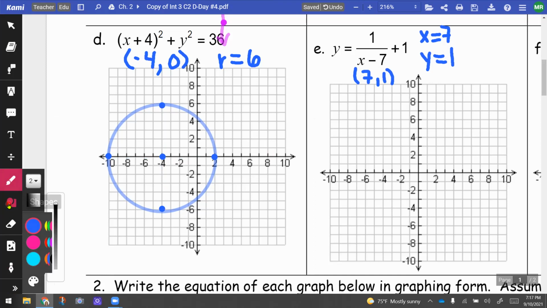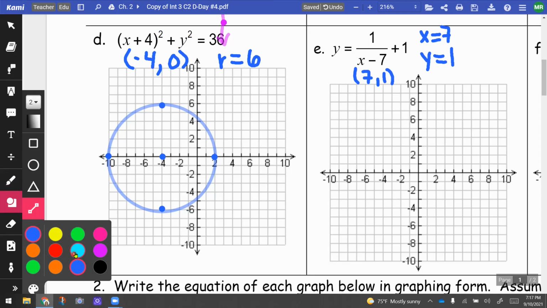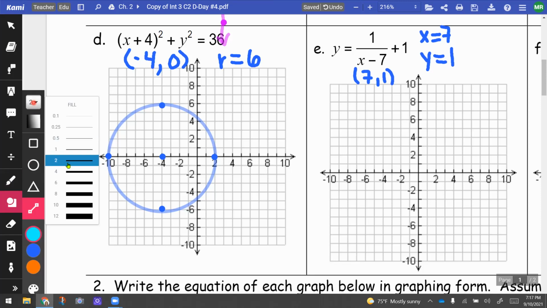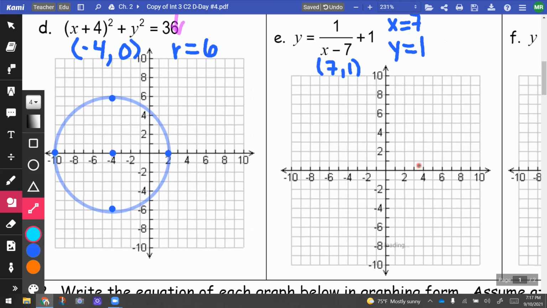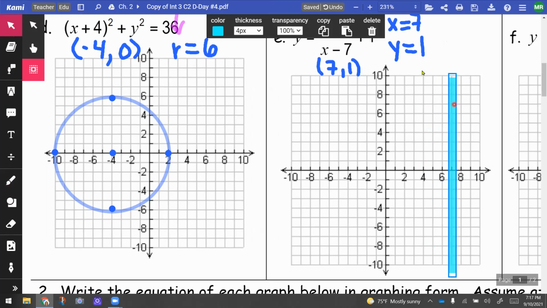So I'm going to do my line. Okay. And so I am going to have it at x equals 7. And if I want to go straight down, I can just hold shift. I'm going to adjust that because I made that pretty fat.